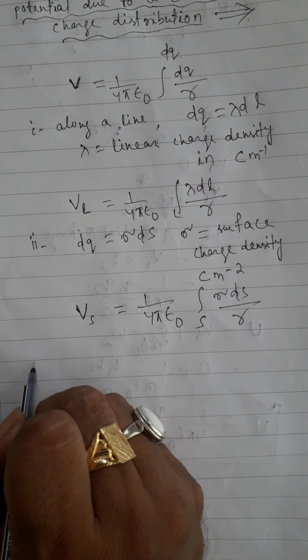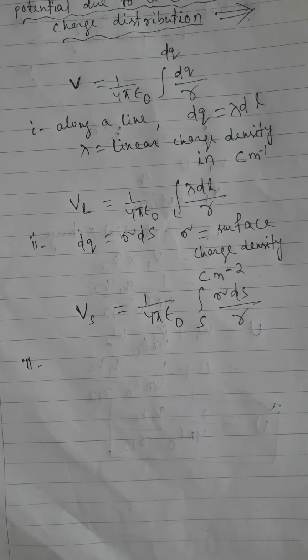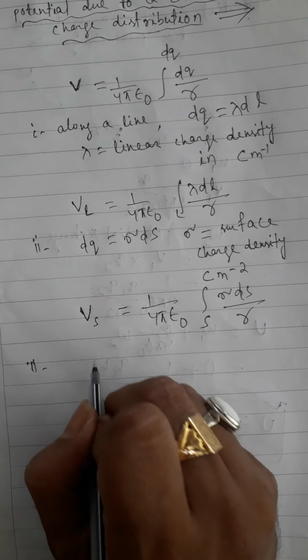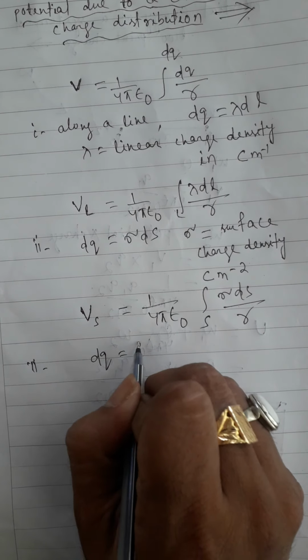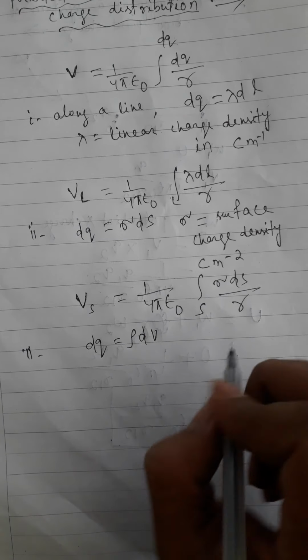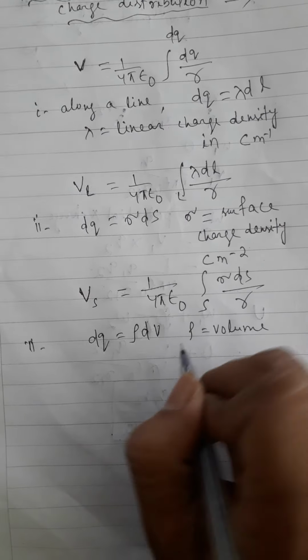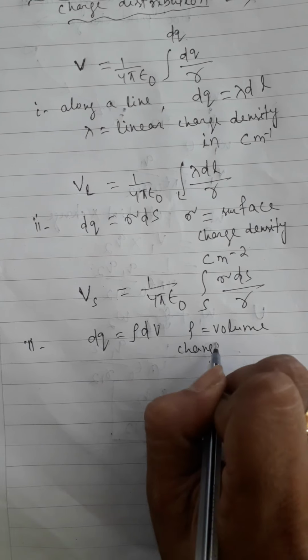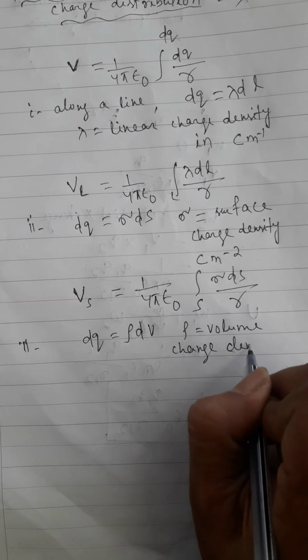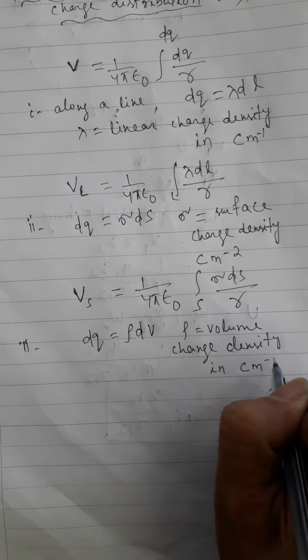And if the charge is distributed uniformly over a volume, then dq is equal to rho dv, where rho is the volume charge density, in coulomb per meter cube.